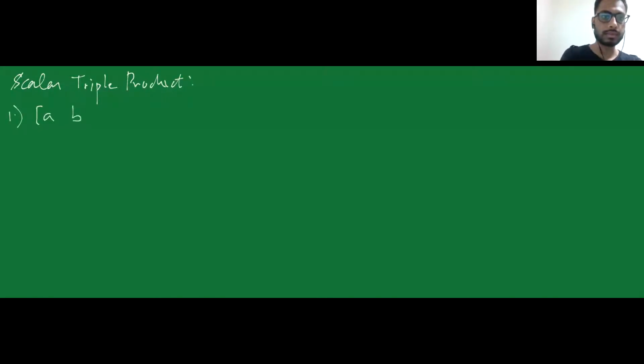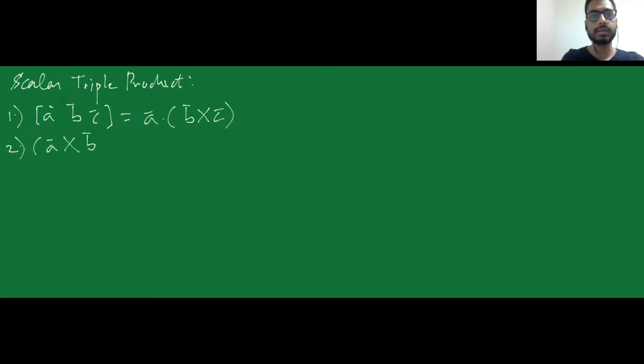Let's see what a scalar triple product is. So scalar triple product is represented as your box product A, B, C, which is also equal to A dot B cross C. Important properties are that you can exchange the dot and cross.